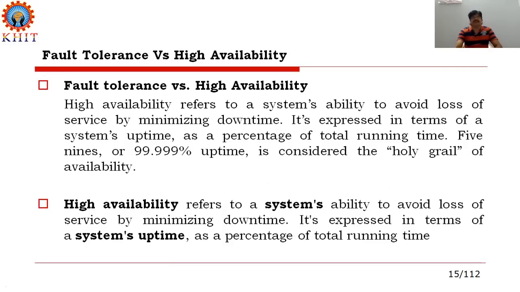Now we will compare the differences between fault tolerance and high availability. As we said, if we apply fault tolerance to any application, it can provide an assurance of 99.999 percent.